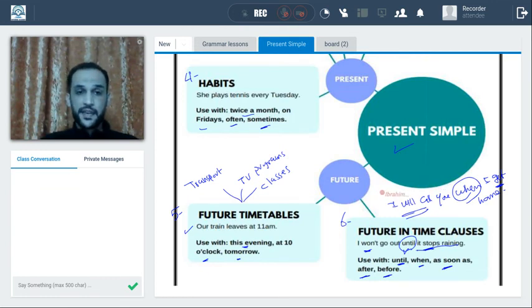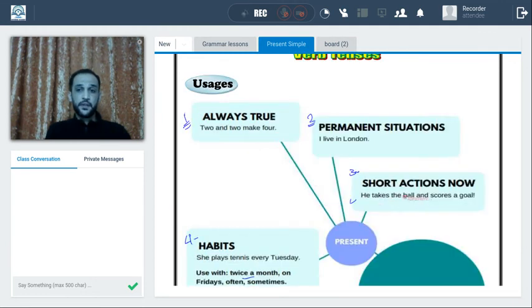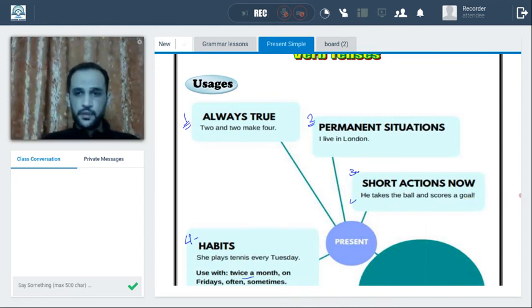Number three, I can use the present simple to describe short actions now, in a story or on TV. He takes the ball and scores a goal. These are short actions.